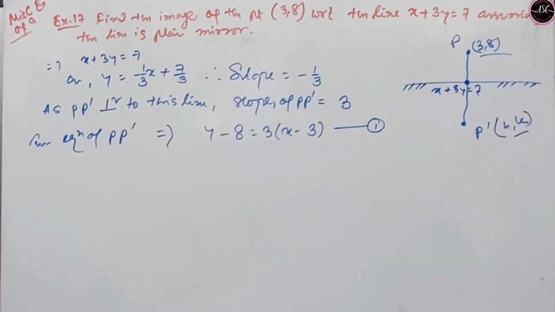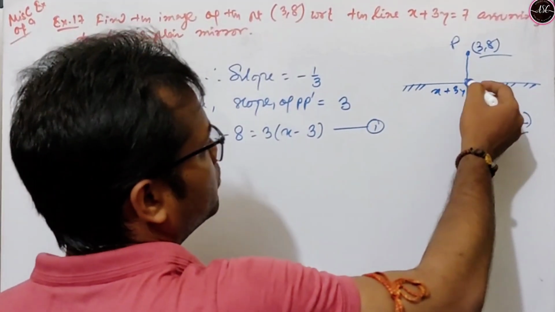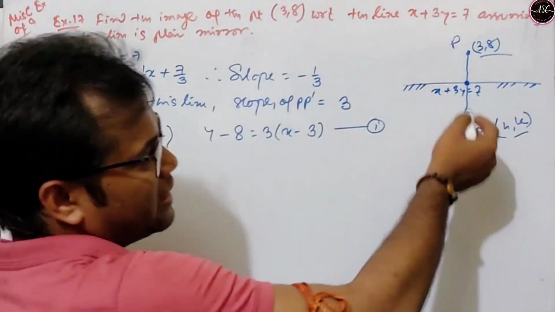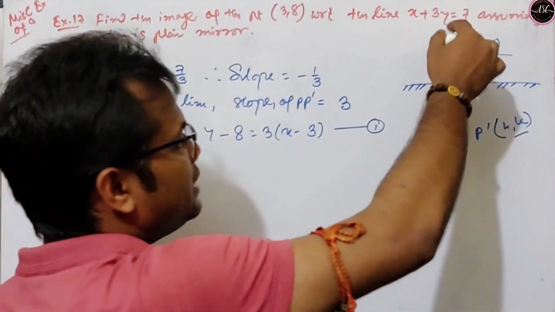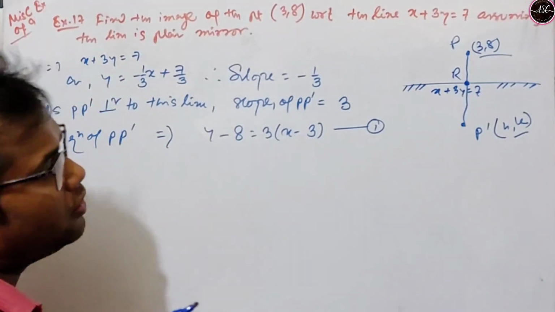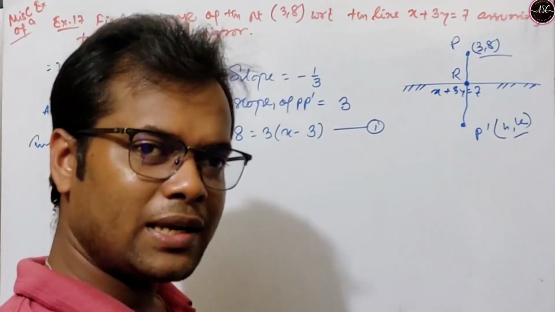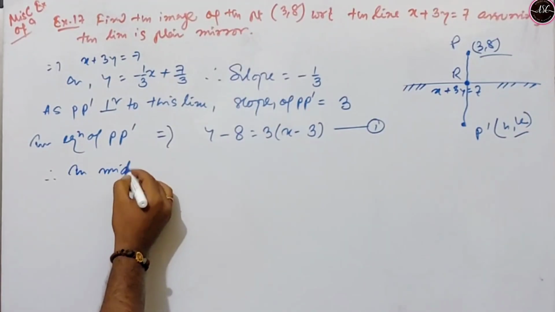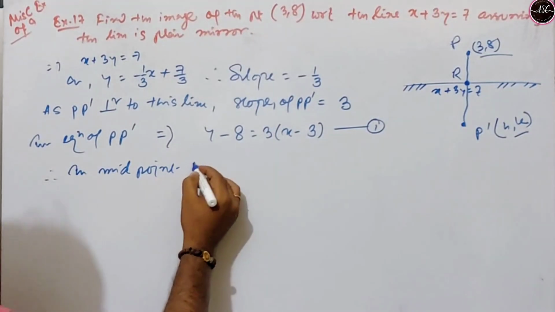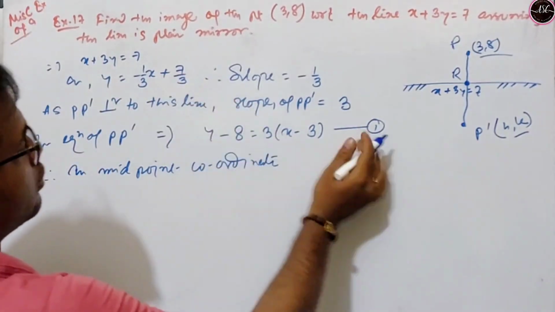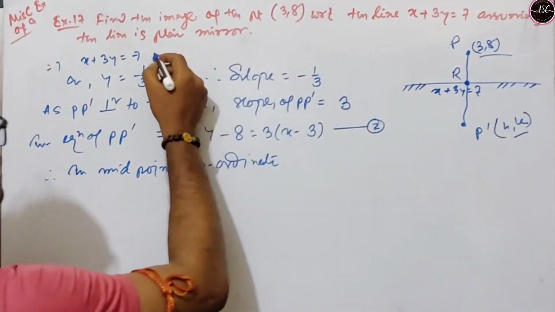Now the point of intersection is the midpoint, as P dash is the image of P. Let R be the point, so PR equal to RP dash. Therefore the midpoint coordinate is ((3 plus h) by 2, (8 plus k) by 2). Sorry, this is equation 2 and this is equation 1.